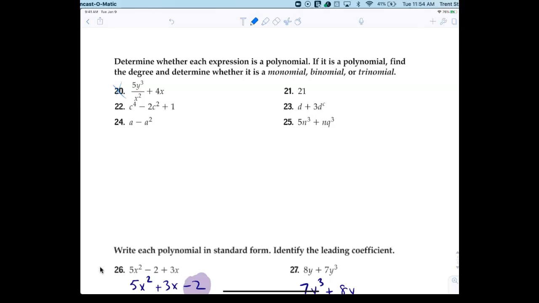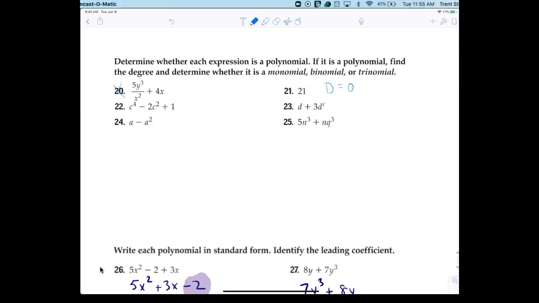monomial. Now, believe it or not, the degree here is going to be 0, because there isn't a variable. Again, it doesn't really matter. All right? 22, that's considered a what? Trinomial.